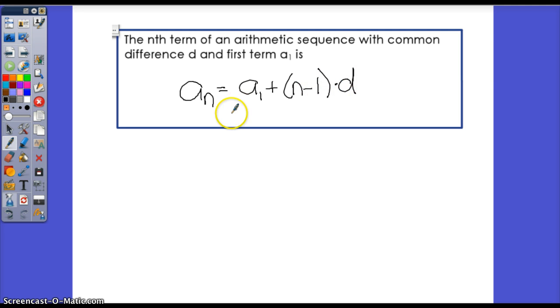Now let's label what these things are. Remember, a sub 1 is just your first term in the sequence.